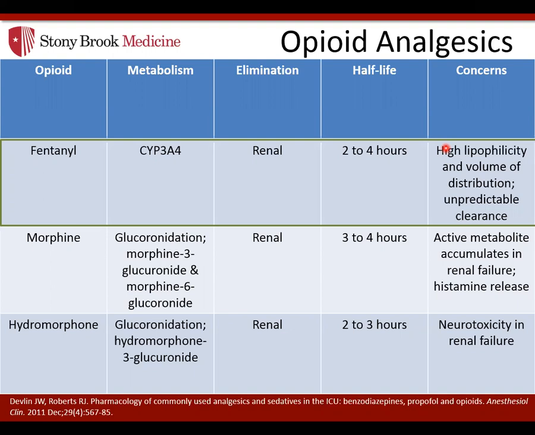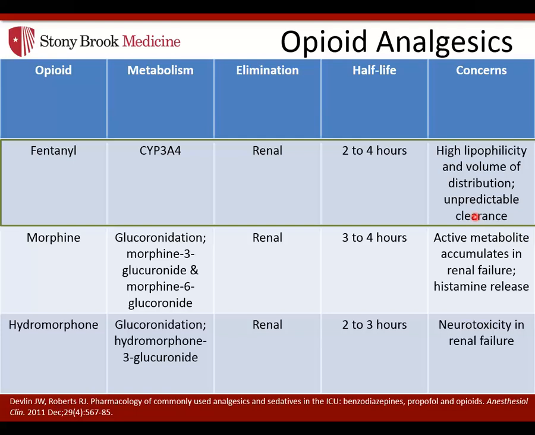highly lipophilic. And this could actually be a problem since it's a continuous infusion and could lead to a prolonged and unpredictable clearance, because even once you shut off that continuous drip, the fentanyl is actually going to start redistributing from the adipose tissue back into the blood and might distribute back into the brain.